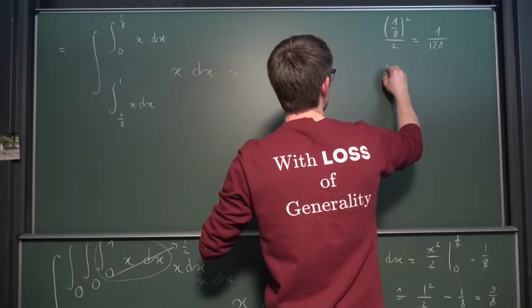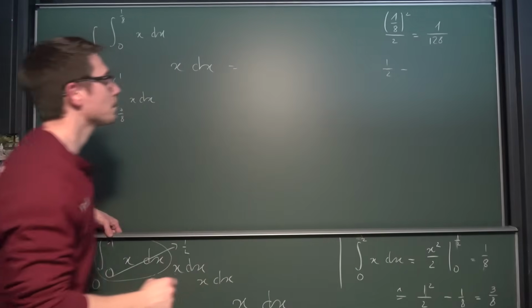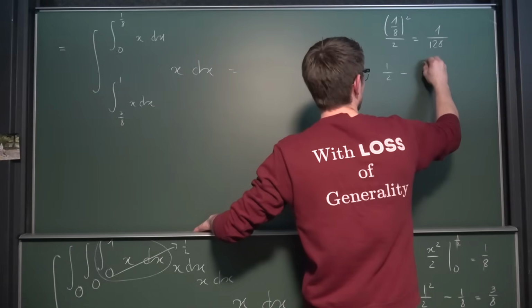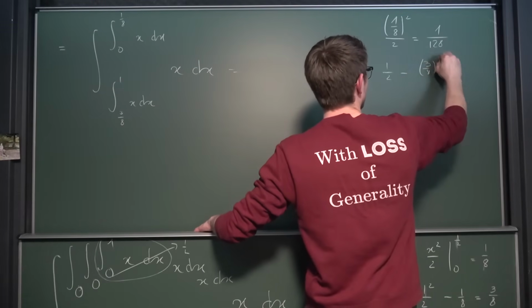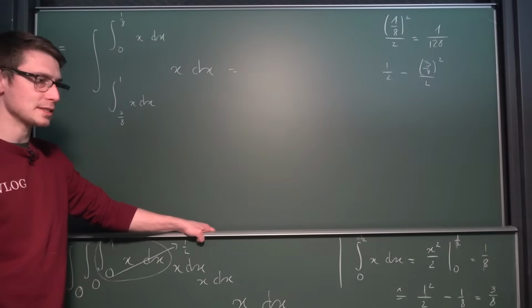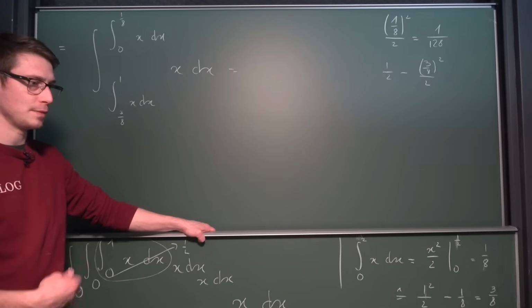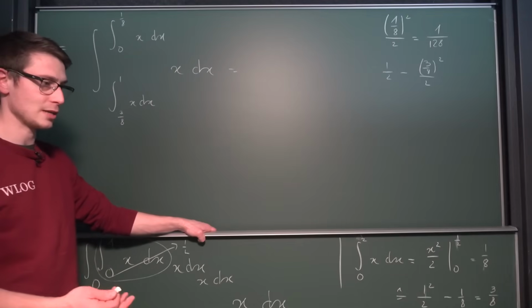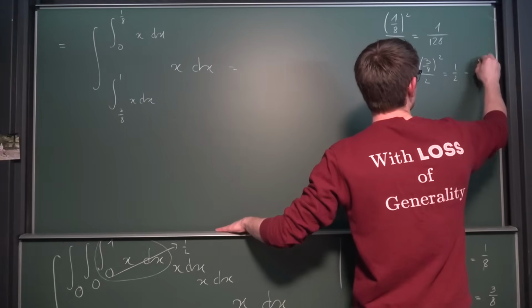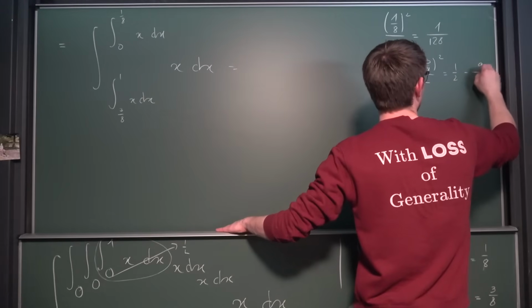And now on this lower bound that we have right here, this is going to evaluate us to 1/2, and then minus 3 over 8 squared over 2. Okay, so 3 over 8 squared is the same as 9 over 64, so 9 over 128. So 1/2 minus 9 over 128.